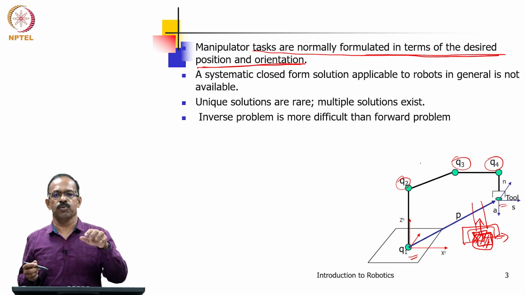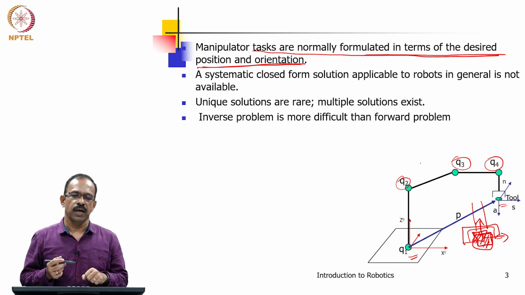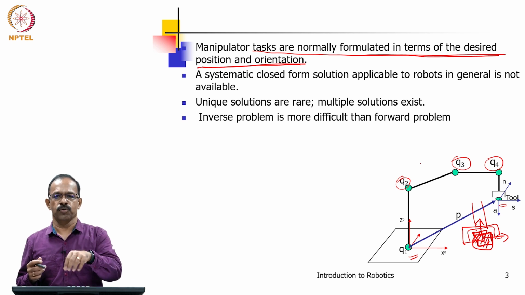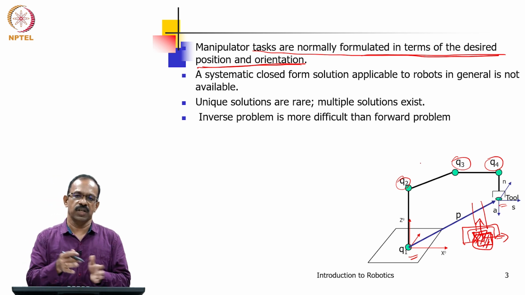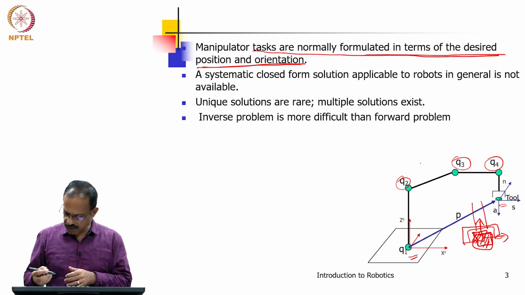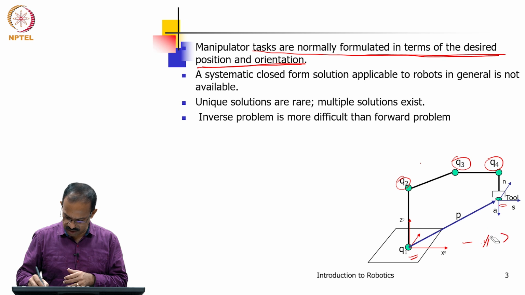So, we have a desired position and orientation for the tool, and we want to know how we can reach that position and orientation using the joints, and that is the inverse problem that is of interest to us.